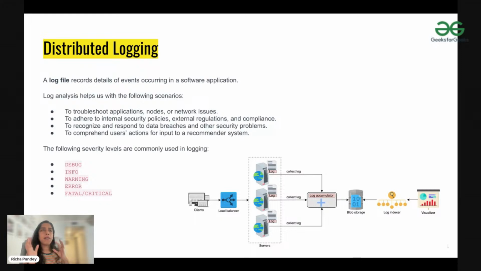You can have a dashboard where you can filter the logs, search for an error log or a critical log, and it'll show only those logs. That will help you easily get to the root of the problem and understand if anything critical is happening. It'll be able to easily catch the problem. So that's the idea of the indexer and visualizer.